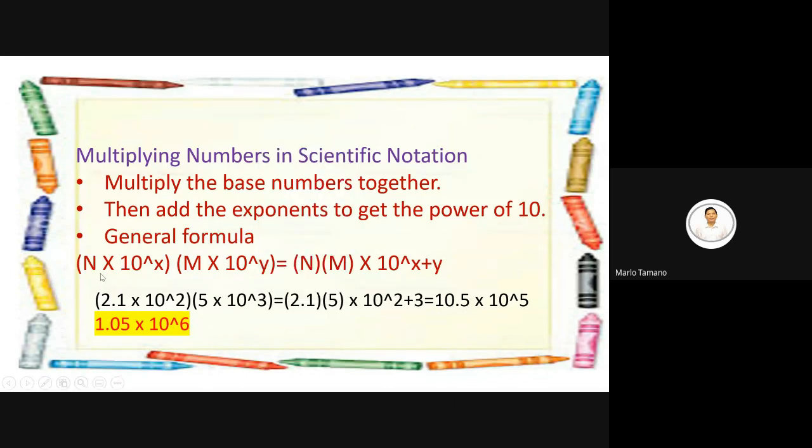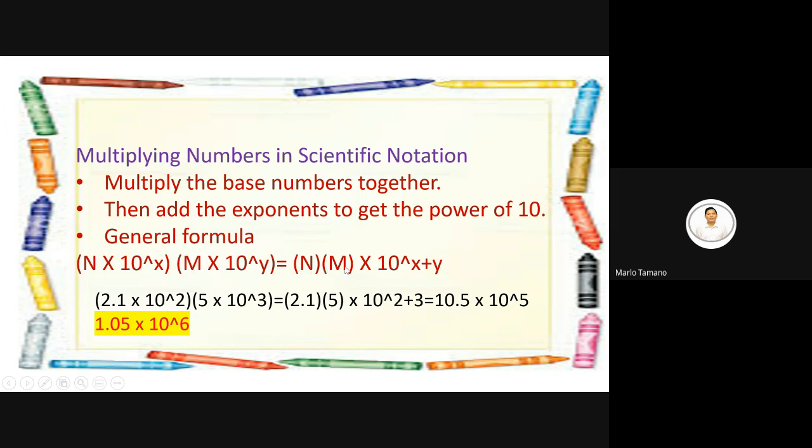Yung n, yan po yung ating number. Times 10. Ito po yung ating powers of 10. Tapos na yung x po ay exponent. Another yung number naman po, yung m times 10 to the y. Yung y po ay exponent. Okay? So, pansinin ninyo, imumultiply lang po yung n times m.